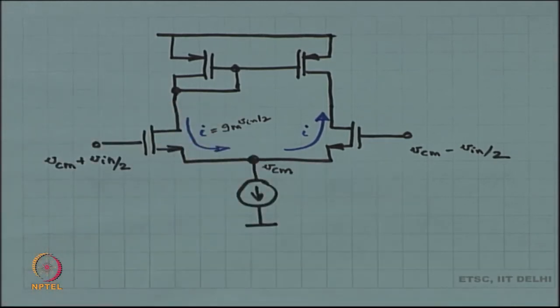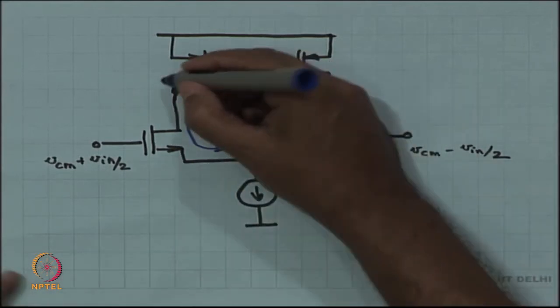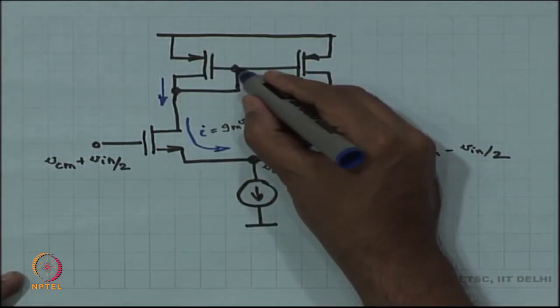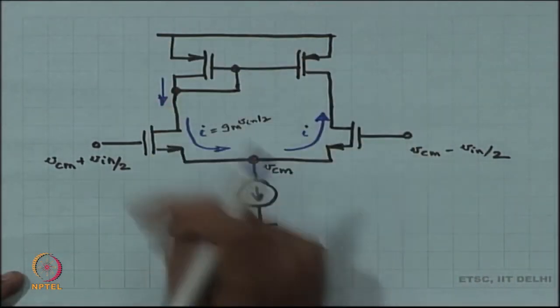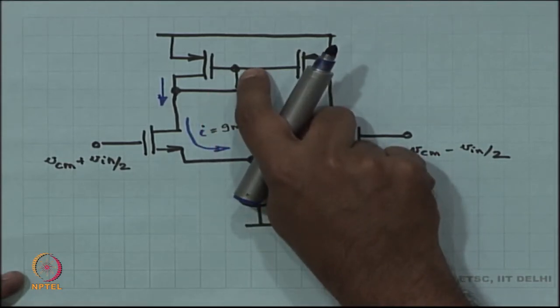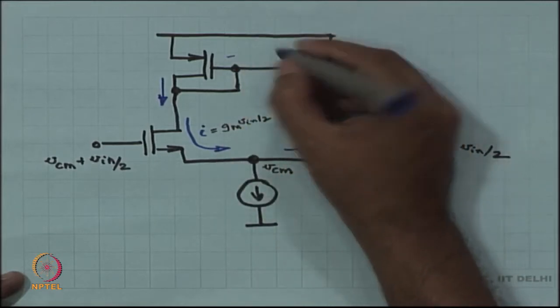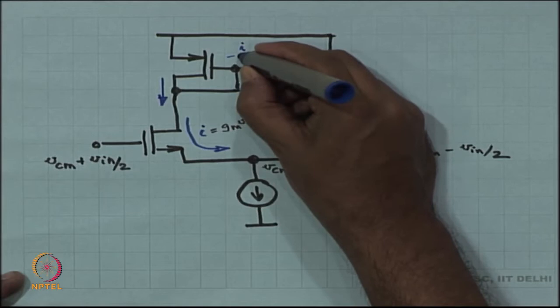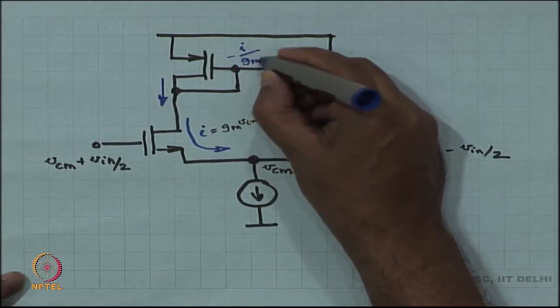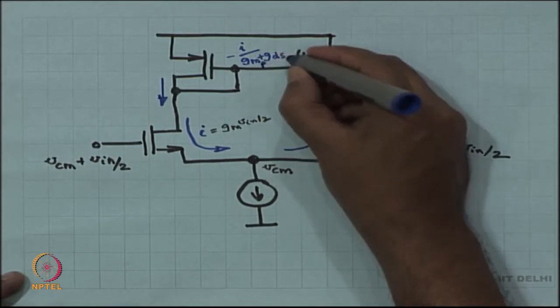We are just saying I is GM times V in by 2, and that I is creating a voltage drop over here because this is a diode connected MOSFET. So, the voltage drop over here will be minus I by GMP plus GDSP.